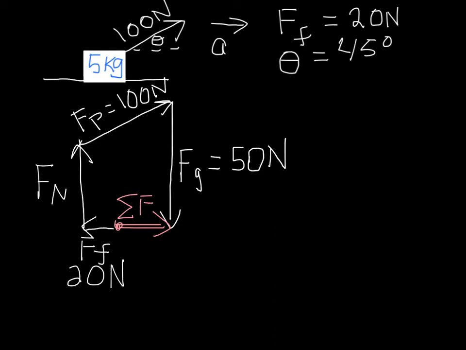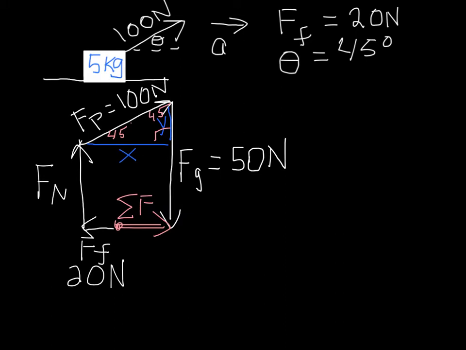Okay, so then this side of this triangle we'll call X. This side of the triangle we'll call Y. Since it's 45 degrees, it's a 45, 45, 90 triangle. So this is 45, this is 45, and this is 90.